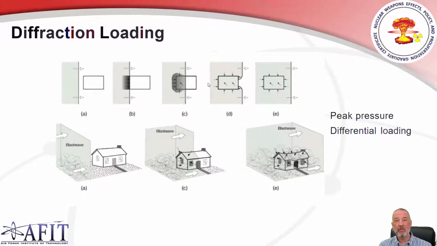And that's where the majority of the damage comes from. And this is something called diffraction loading, because it's diffracting or basically bending itself around the house. And again, that pressure differential is what stresses things like the building supports, the walls themselves, the roofs, everything that can be broken or ripped down in a house. This thing is going to do its very best to squeeze it until that happens.